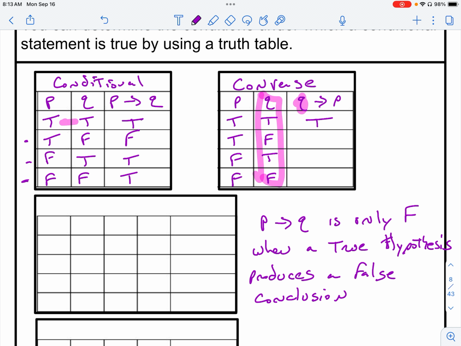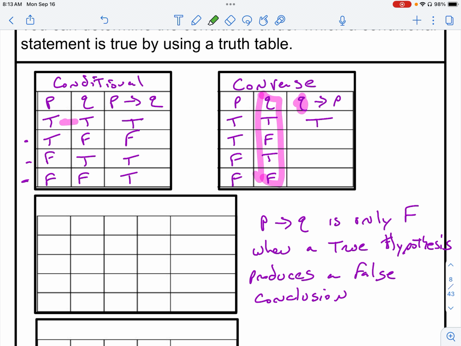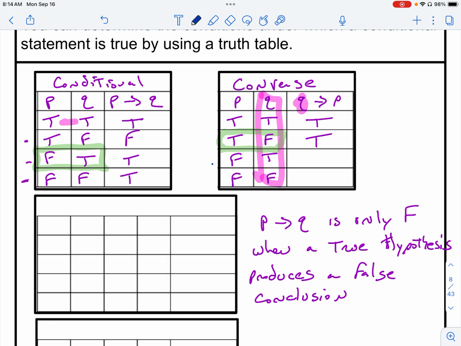Q false, P true, this one here is going to be just like this statement here. So that's going to be true. So false to true, it's going to be like this statement here, because remember Q is first, so it's going to be false. And then, of course, false to false is true.